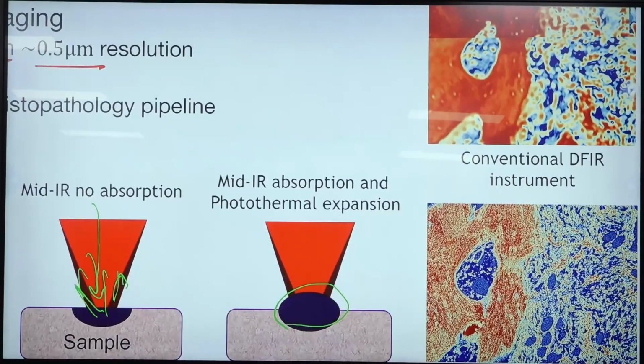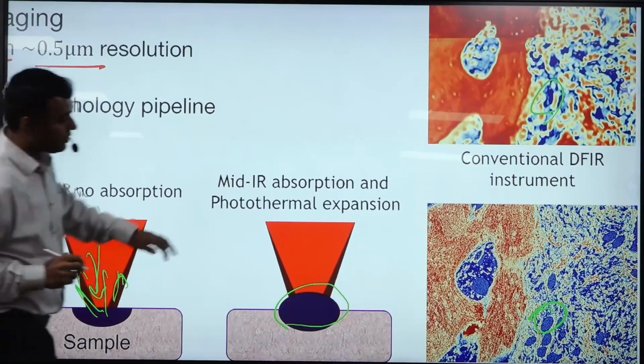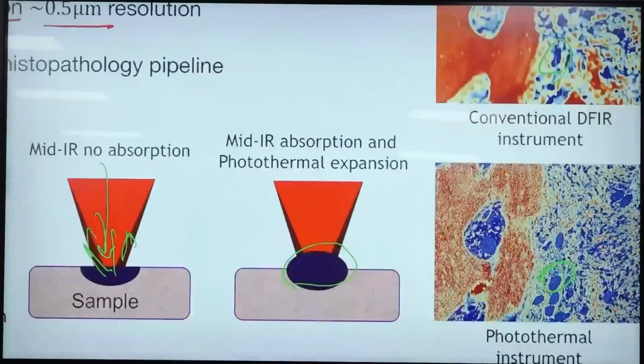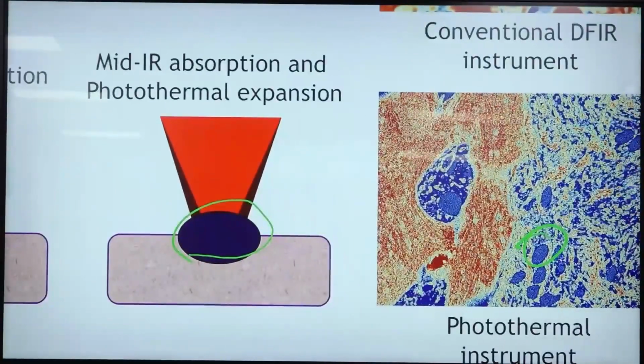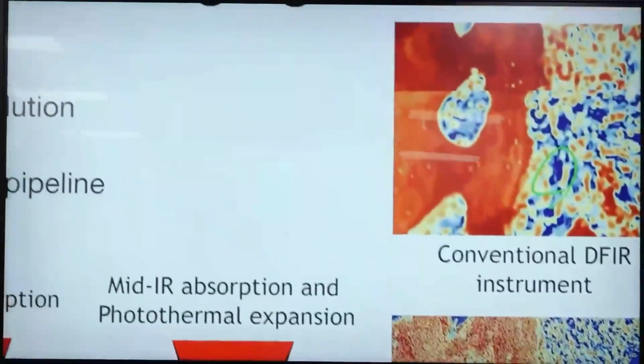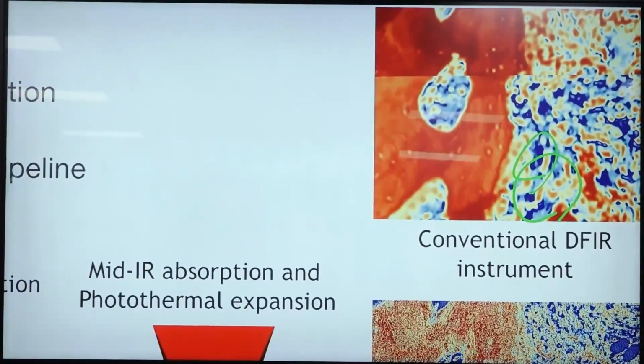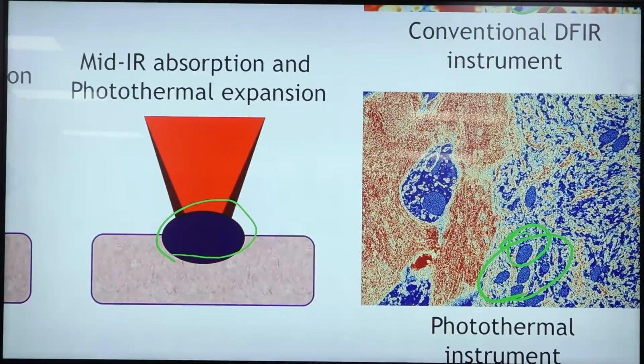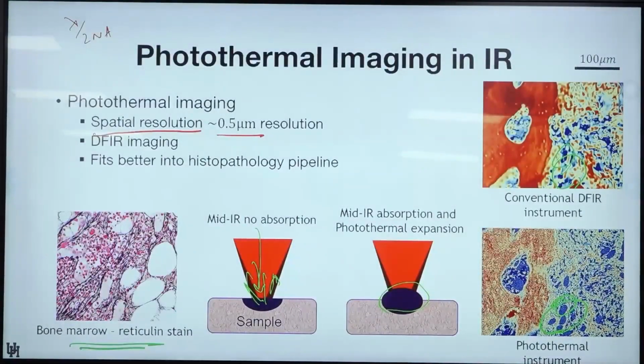Some of the fine details here, for example, become just a blob over there, right? There's not enough resolution to give you good quality images, but with this instrument you can see it much more clearly. This is the essence of what it's capable of, and how to use this for biomedical diagnostics and a few other things I'll get to in a few minutes.